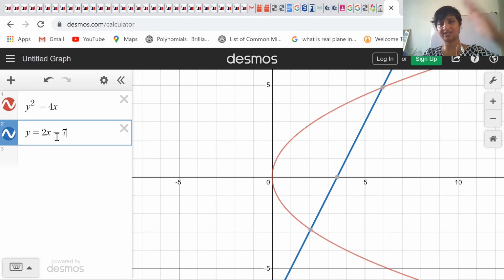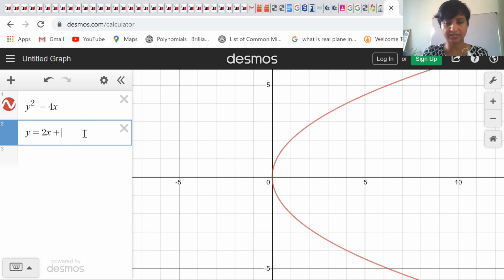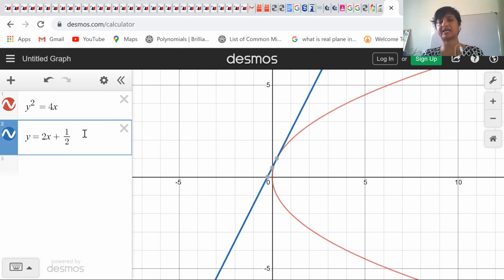So the slope is the same, and by changing the intercept I can just move it up and down. If I put plus half, then it becomes a tangent, okay? So that's what you found. You found the value of c so that the line becomes a tangent to that curve. That's what you did in this question.